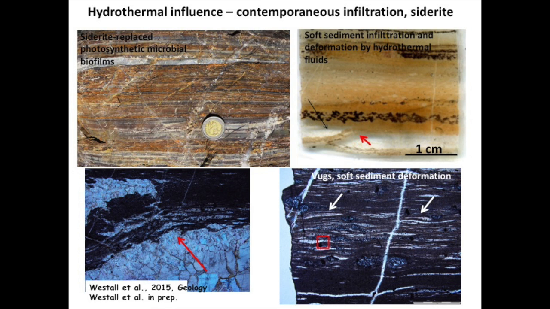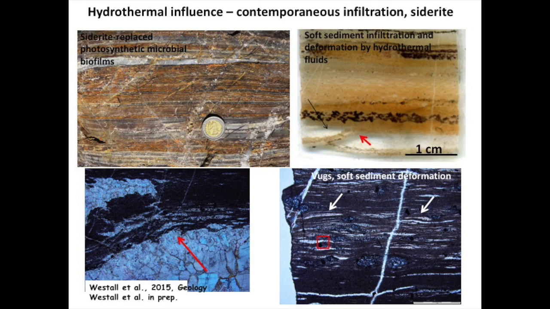If you look more closely, you can see the individual laminae here, and in order to pull something apart like that, it had to be plastic, it had to be sticky. The laminae are not broken, they're just pulled apart. So something is forcing them. There's been some force to pull the layers of these mats apart. So this is another indication of the importance of the effects of the hydrothermal fluids.